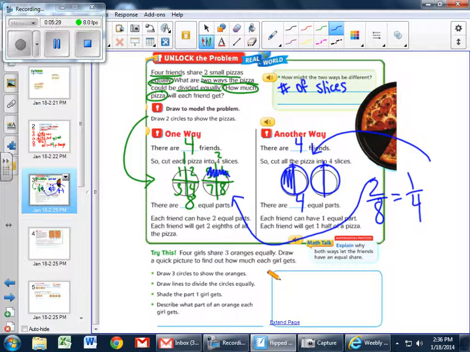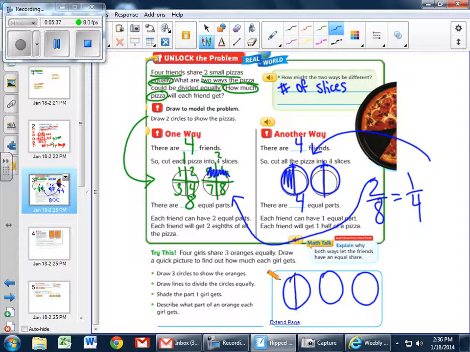Okay? We have done pizza, now it's time for some oranges. Try this. 4 girls share 3 oranges equally. Draw a quick picture to find out how much each girl gets. So we need 3 oranges, and there are 4 girls.